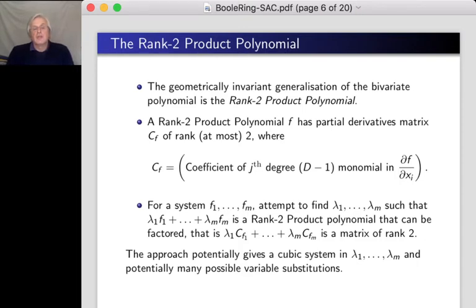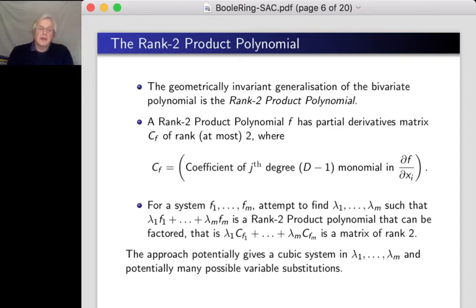And we can attempt to do this by using these partial derivative matrices. You see, if the original linear combination sum of lambda i fi is a rank 2 product polynomial, then the equivalent linear combination of partial derivative matrices will be a matrix of rank 2. So we can potentially find such a thing by looking for matrices of rank 2 in the span of the matrices C f1, C f2 up to C fm.